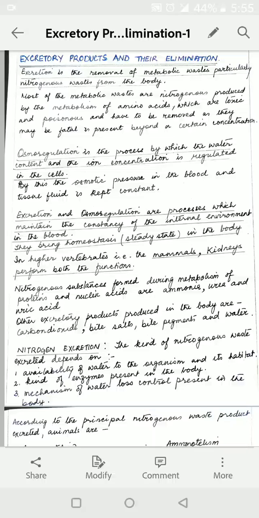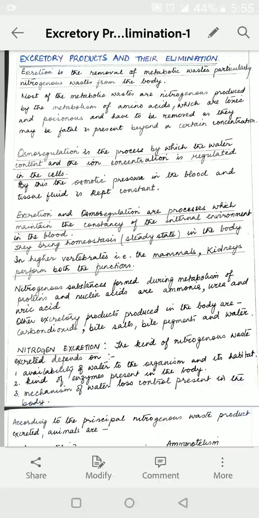Good morning, students. Today we will be starting with a new topic, excretory products and their elimination. Now, to begin with, what is excretion? We define excretion as the removal of metabolic waste from the body.